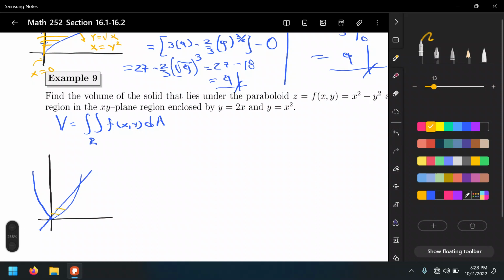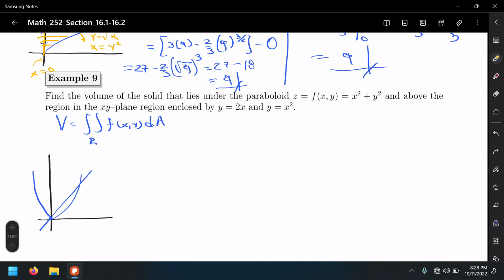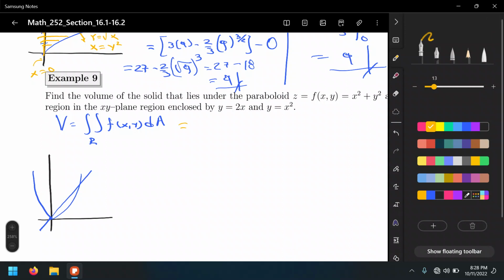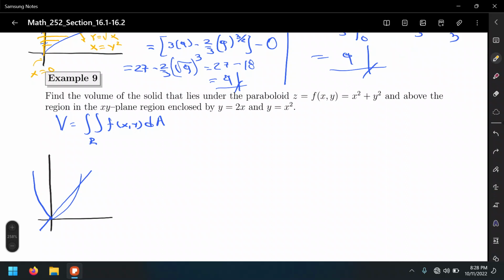Is it horizontally simple? It's also horizontally simple. However, I think this setting is just ready to go about vertically simple, because otherwise we would have to solve x equals 1/2 y and x equals the square root of y. So no need to go about functions of y. So in this case, well, number one, let's have a look at GeoGebra real quick.